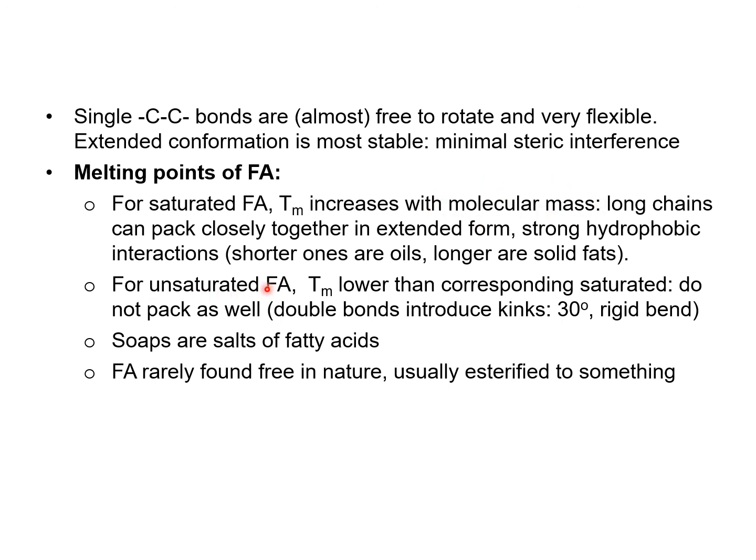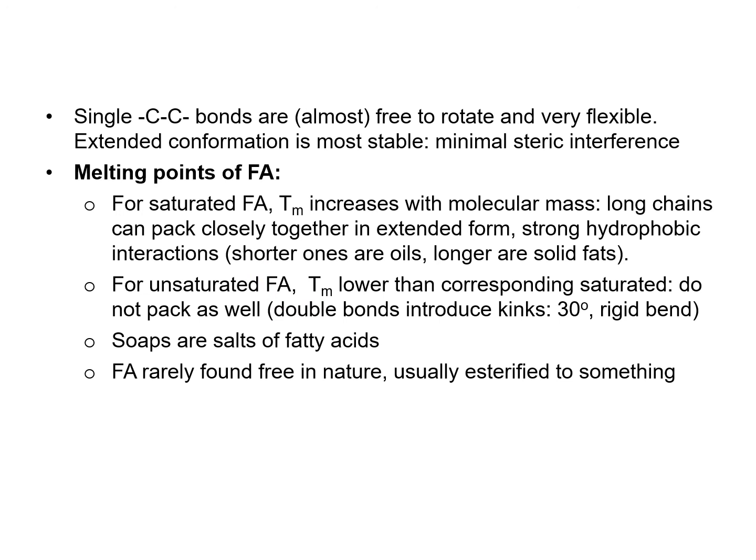And for unsaturated fatty acids, the melting temperature is lower than the corresponding saturated fatty acid because they do not pack as well, and double bonds within the tail introduce kinks of about 30 degrees, so it will have a rigid bend there. And the structure of the unsaturated fatty acids we are going to discuss later on in this lecture.